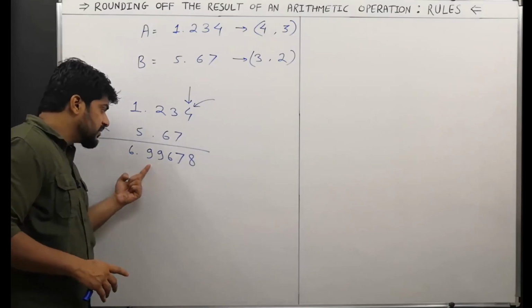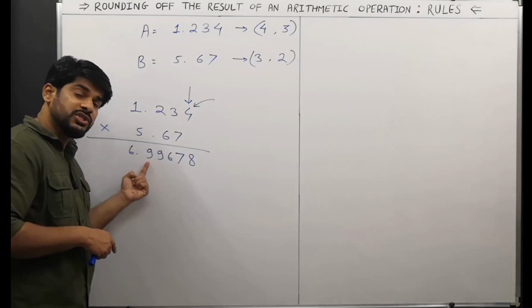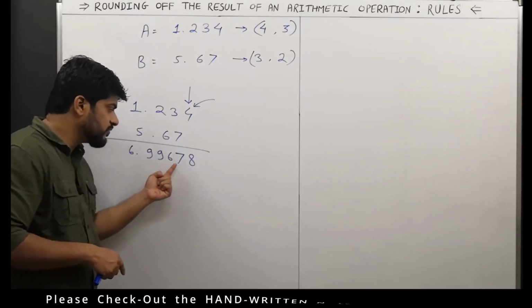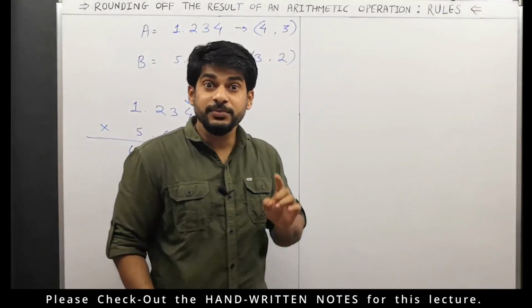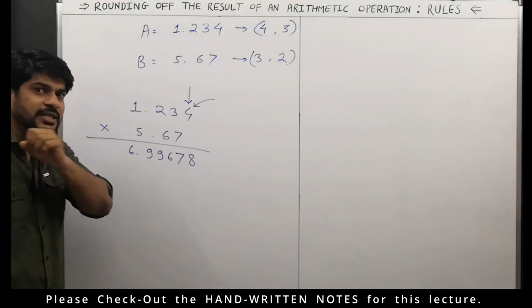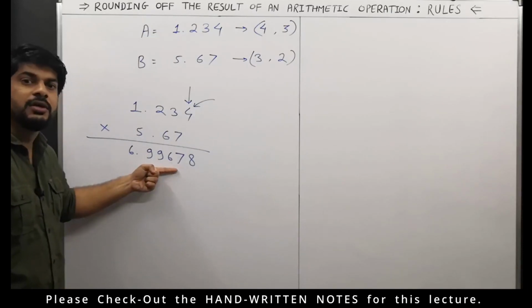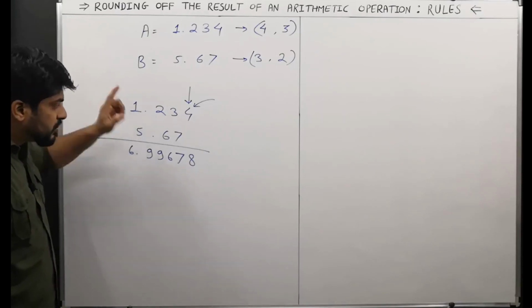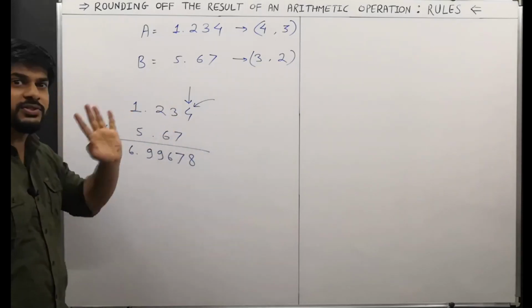If you look at the answer of this operation, this number has been resolved up to 1, 2, 3, 4, 5 decimal places. Now, just ask yourself, can the answer of this operation be resolved to more decimal places than the actual numbers?